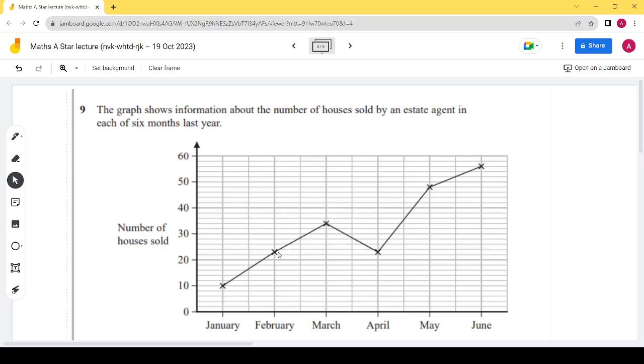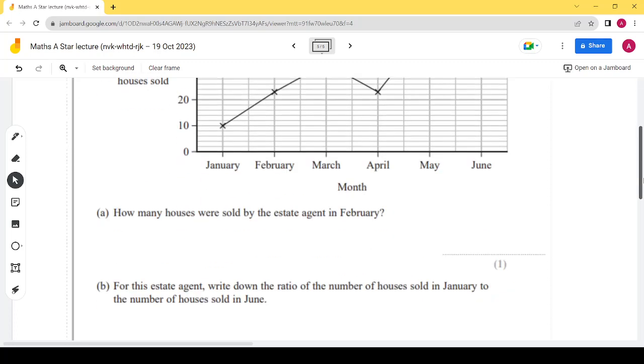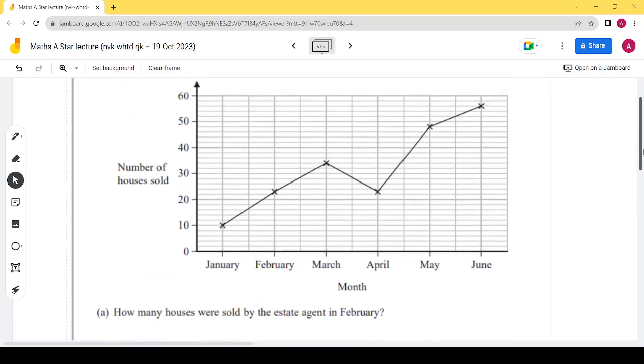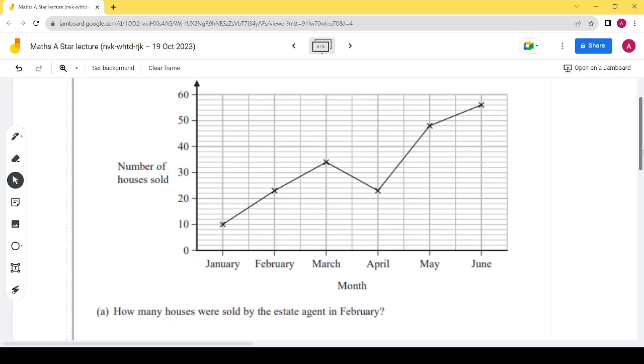So we can see here we've been asked for part A, and they've been a little bit mean on us here actually, to ask how many houses were sold by the estate agent in February. So we can see we've got the X for February because we've got number of houses sold, which is our left, the month here. Well, for February, our X is halfway between lines here. So effectively, we are here.